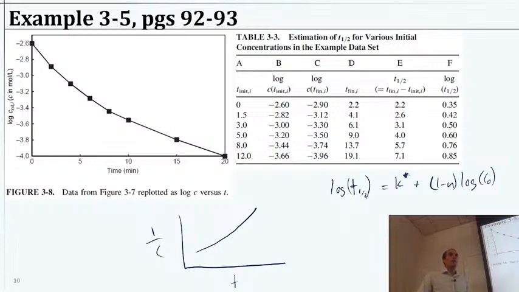Now, one thing I'll note here is that we actually don't even need to know anything about k star at this point, right? Early on, we don't need anything to do with that, because all we need to do is find the slope on this plot, log of t versus log of c naught, and then we know the order.